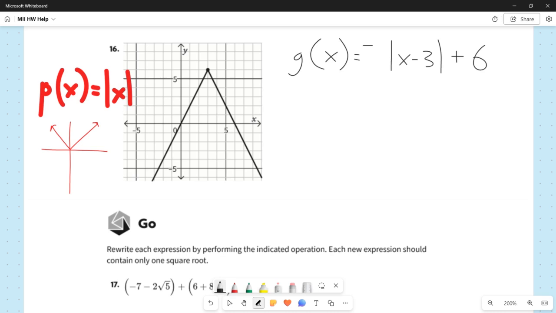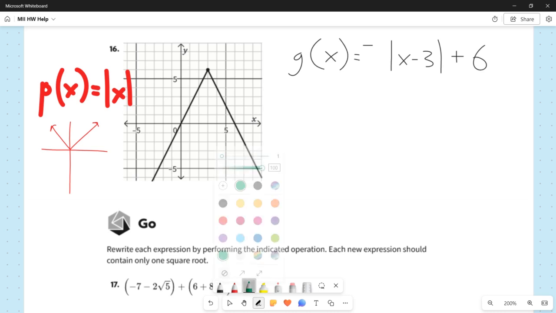That will flip the V from going up to going down. And in general, not just with absolute value, but whatever the graph is, when you do something like this, you will flip the graph vertically. So that gets us to an upside down V.